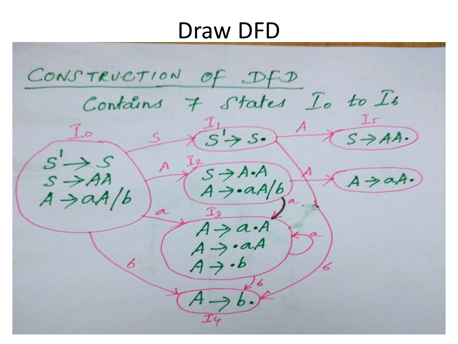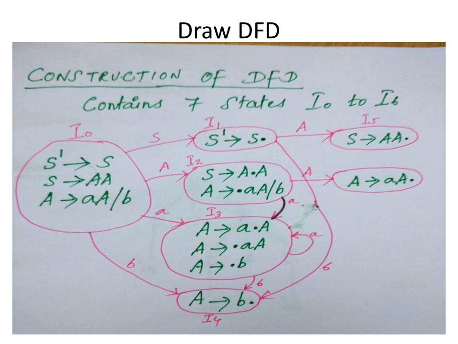After the dot, there is no terminal or non-terminal to be replaced or shifted. So this is the final state. The I5 will be the final state. And from I2, if you take capital A, again the production will be A implies small a capital A dot. So that production is the I6 state.